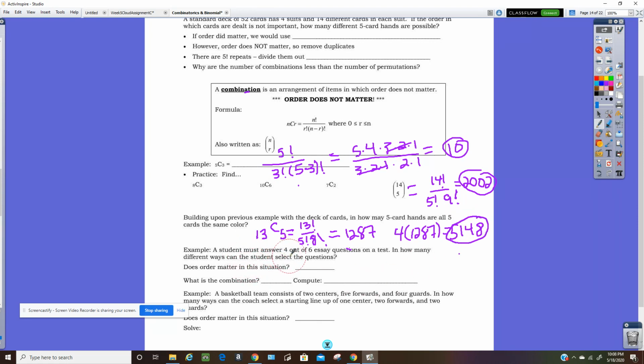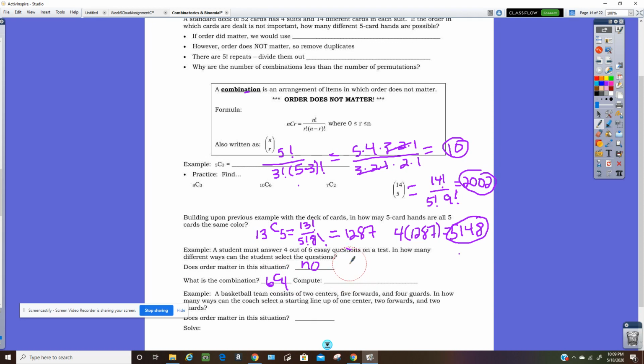A student must answer 4 out of 6 essays. In how many different ways can the student select the questions? Does the order matter? No. So what's the combinations? It's 6 choose 4.